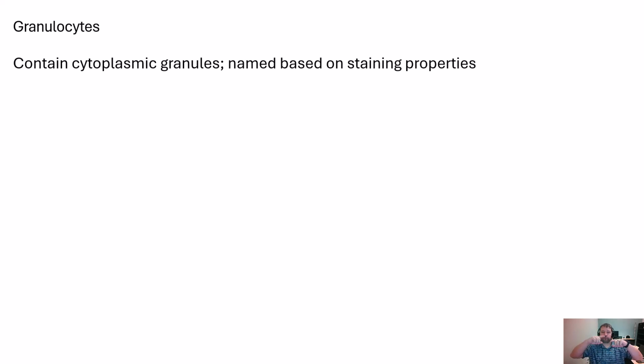So they might have projections off their nuclei, and sometimes they can be multinuclear. But anyways, they have these cytoplasmic granules. Those granules are where they house things like peroxisomes and lysosomes and other enzymes that will break down material, foreign bodies.